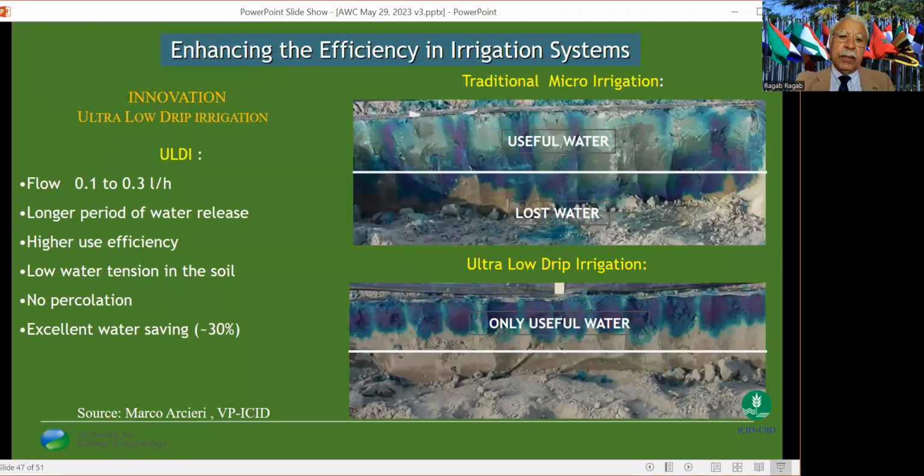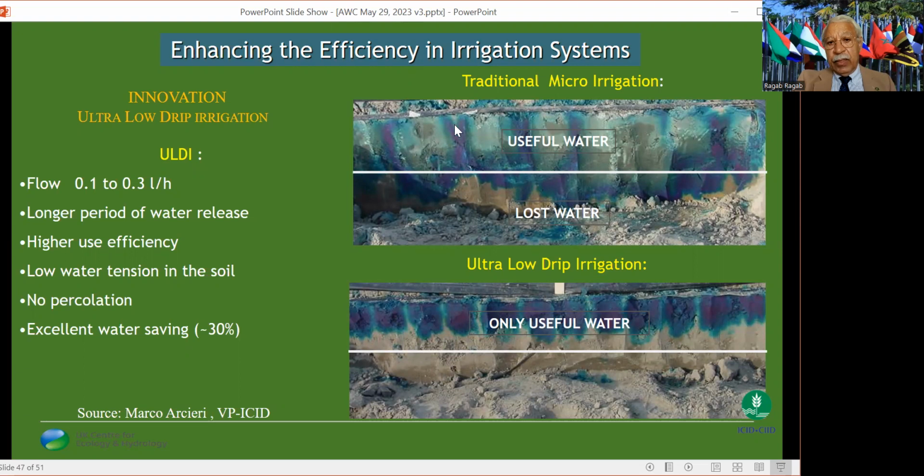And another system that is now in use is the ultra low drip irrigation system. Ultra low drip irrigation gives a flow of 0.1 to 0.3 liters per hour instead of the conventional drip system's 2 to 4 liters per hour. It takes a long period, of course, to irrigate, and it keeps the soil moisture closer to the root zone and not below.